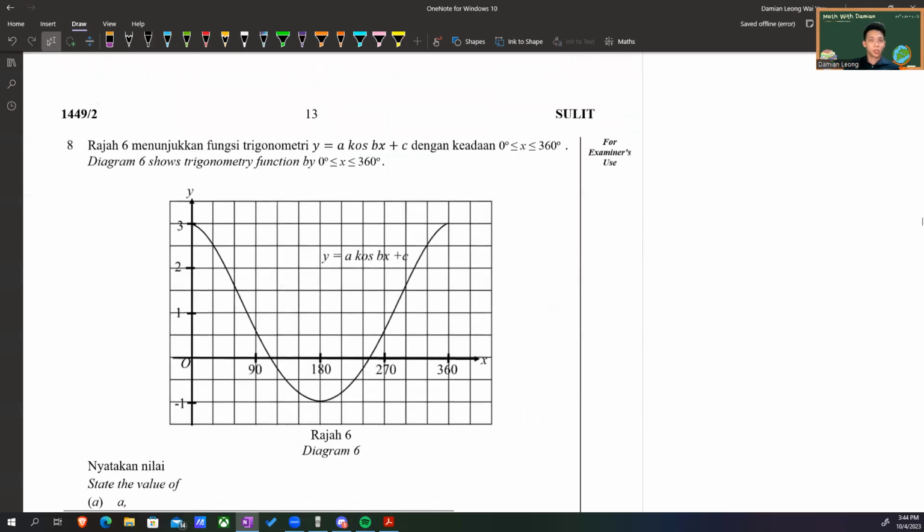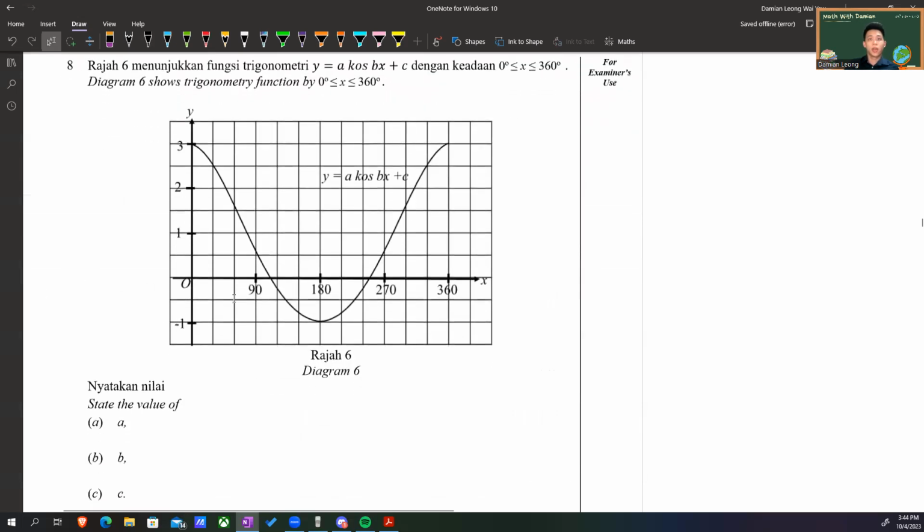Then question 8. State the value of a, b, and c here. So y equals a cos bx plus c. The a is the amplitude, how high it goes and how low it goes. So the height of it, we must compare with the center point.